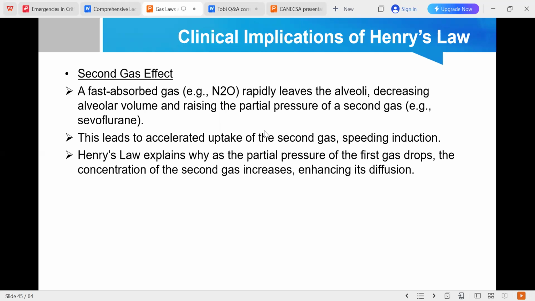This leads to accelerated uptake of the second gas, speeding induction of anesthesia, and this is explained by Henry's law. As the partial pressure of the first gas, that is nitrous oxide, drops, the concentration of the second gas increases, which enhances its diffusion from the alveoli to the blood and to the brain.